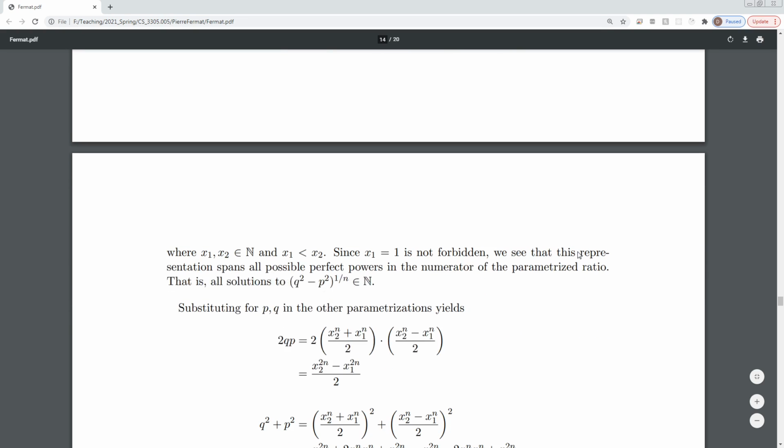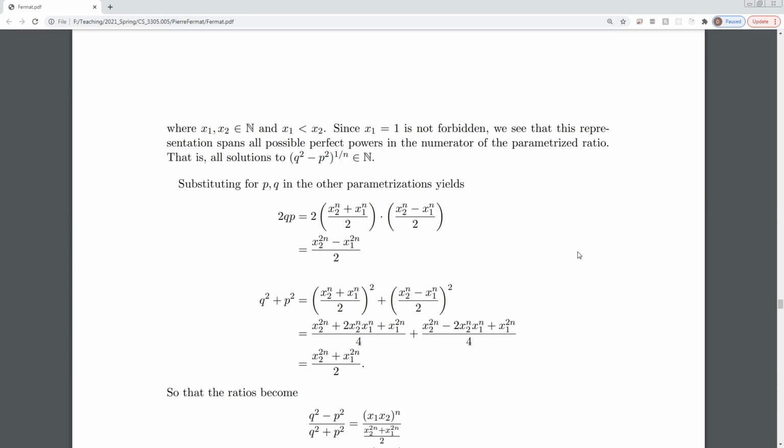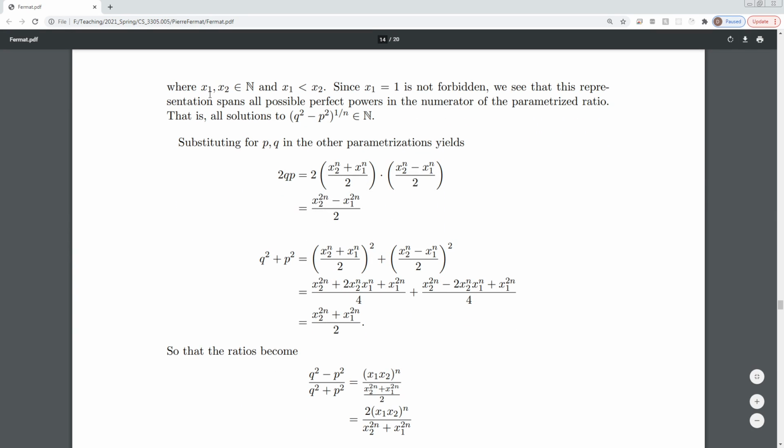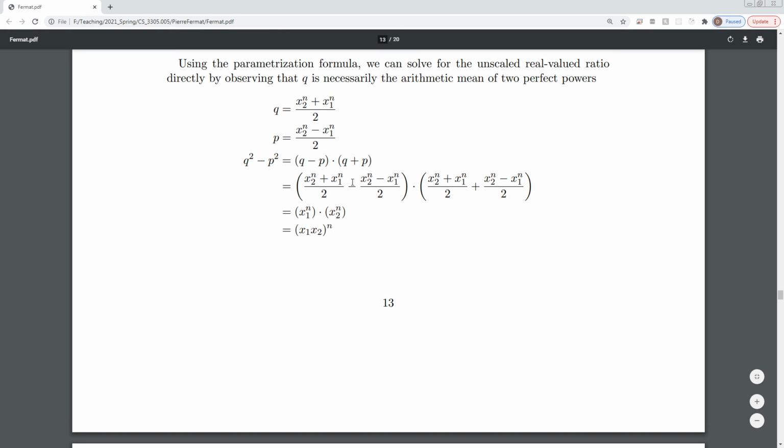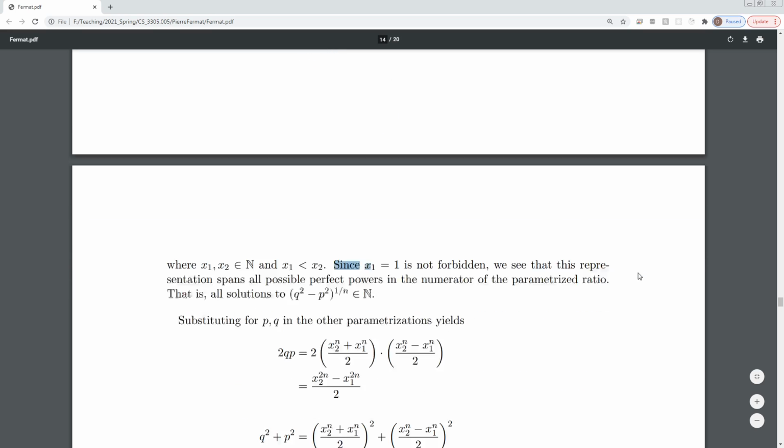It's not difficult. Okay, and because we made no restriction on it, all we required is that x1 and x2 be natural numbers, and that x1 be less than x2, then we can construct all of the perfect powers in this form, right?